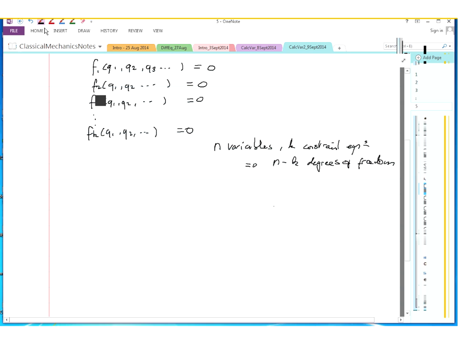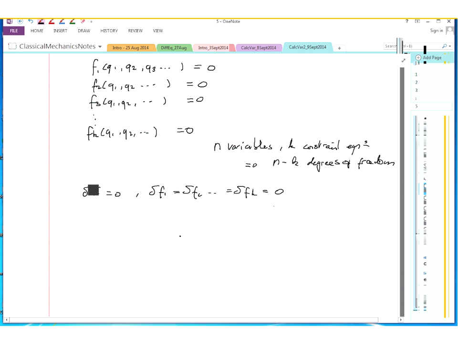So we're just going to do the same thing that we just did, except now we're going to have several of these functions. Again, remember that delta big F is 0, and then delta f1 is equal to delta f2 equal to delta fk equal to 0.